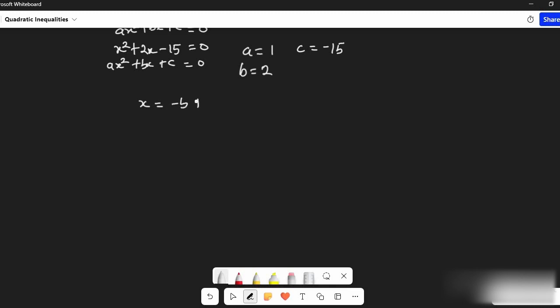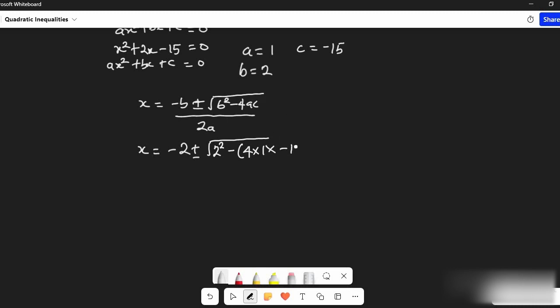Remember, the formula is minus b plus or minus the square root of b squared minus 4ac over 2a. So x equals minus 2, because b is 2, plus or minus the square root of 2 squared minus 4 times a, which is 1, and times c, which is minus 15, over 2 times a.